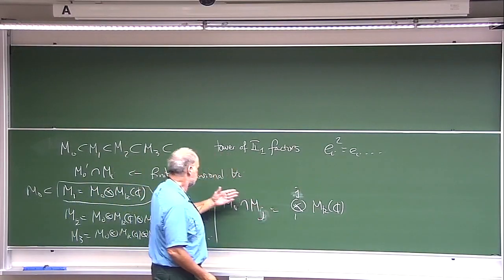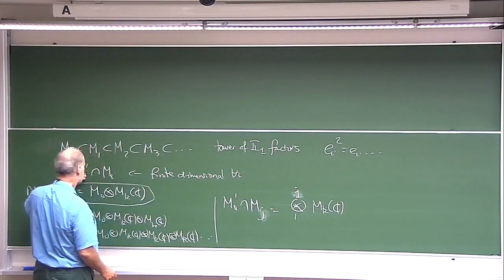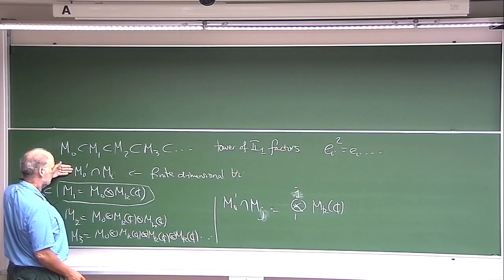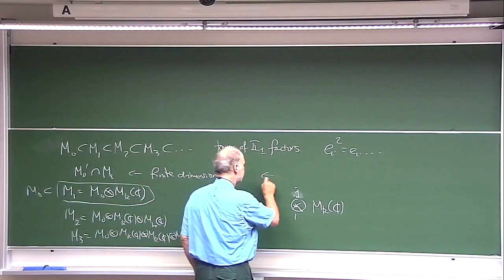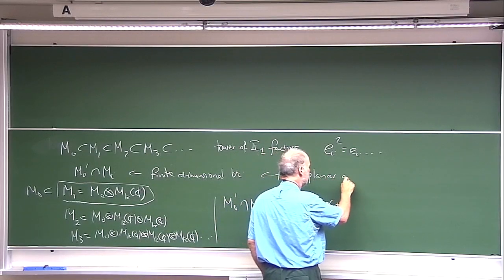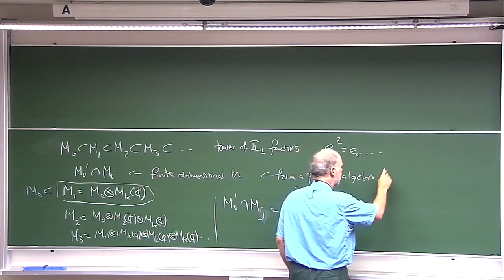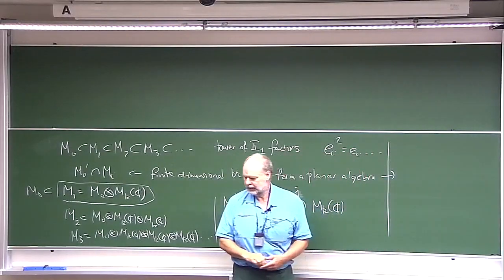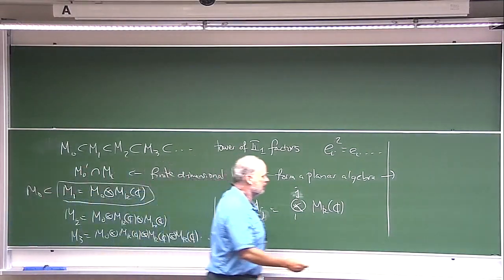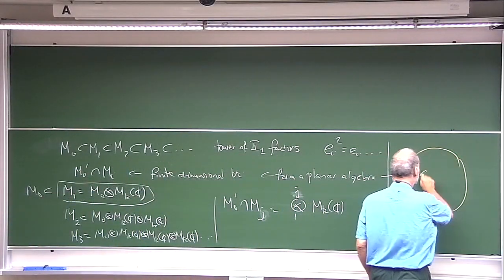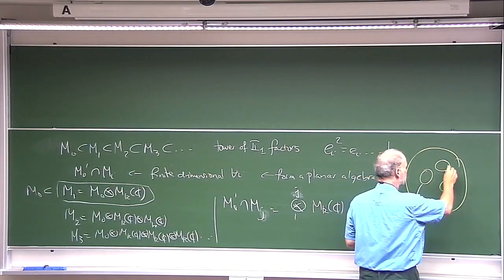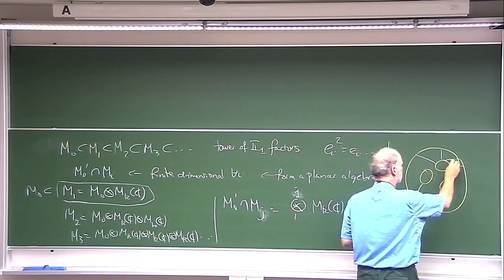Remember, I said last time that there was this theorem that these things form a planar algebra in general. And just a quick reminder of what a planar algebra is. It is a sequence of vector spaces, with the property that every time you have one of these so-called planar tangles, this idea came from Conway's approach to knot theory.